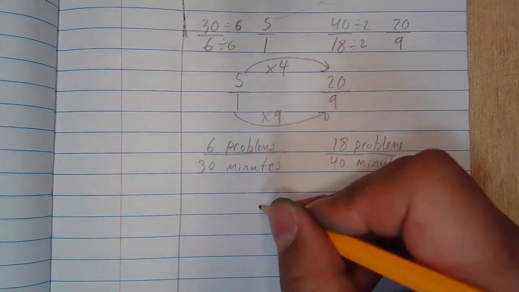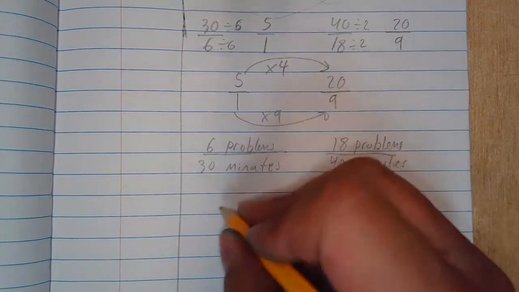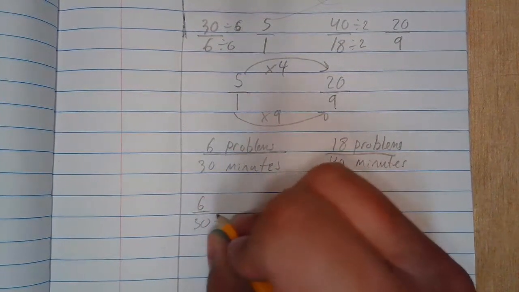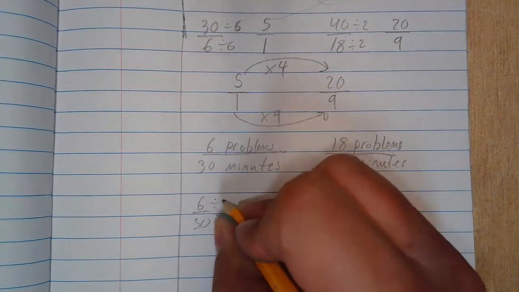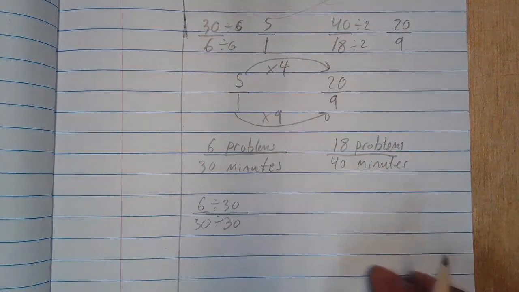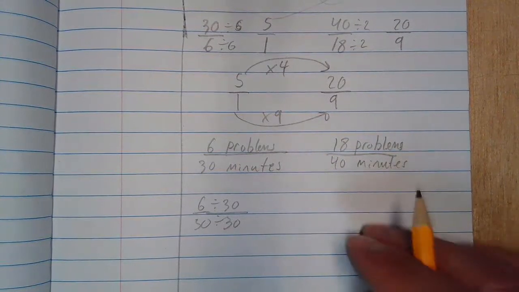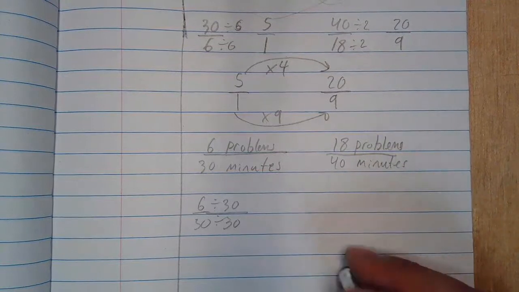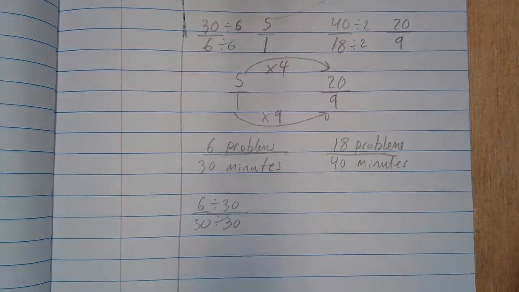How many problems per minute, right? So, 6 to 30, divide by 30, right? I don't even like where this is going.